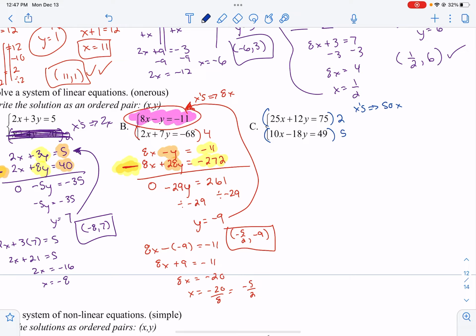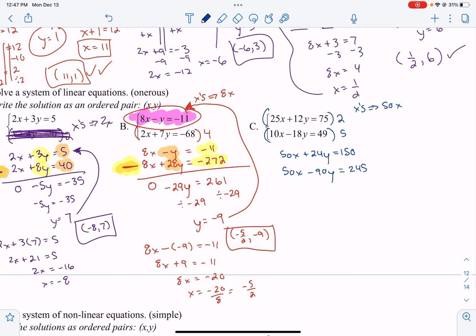Everything on the bottom gets multiplied by 5. So 50x plus 24y equals 150. And then 50x minus 90y equals 245, I think.